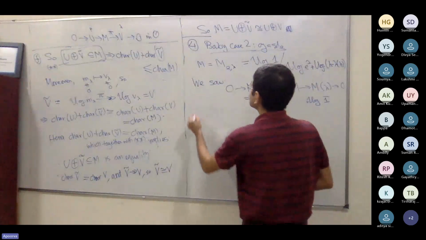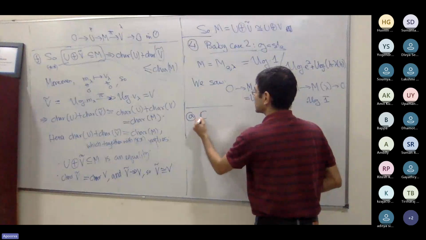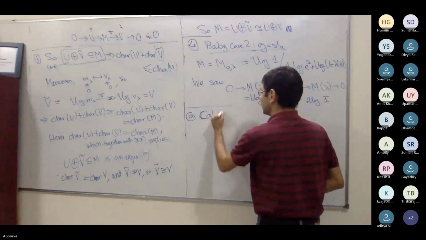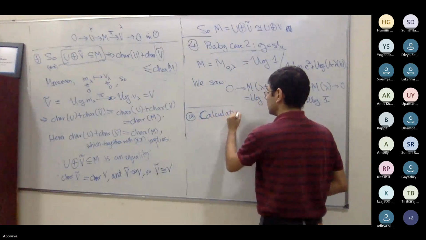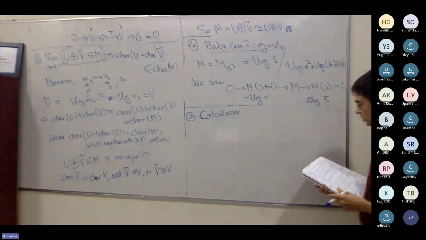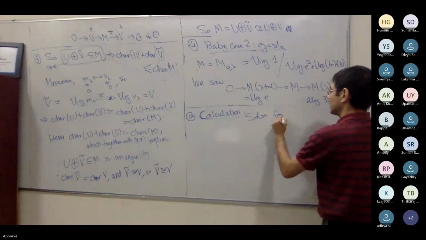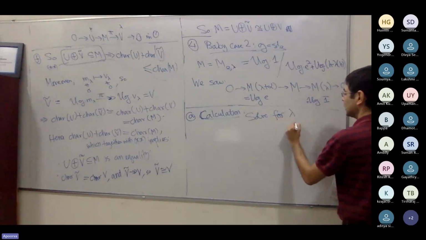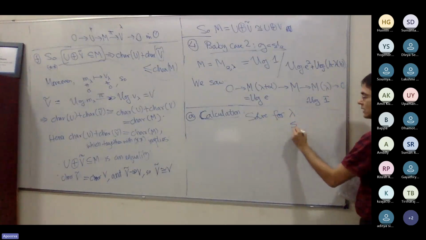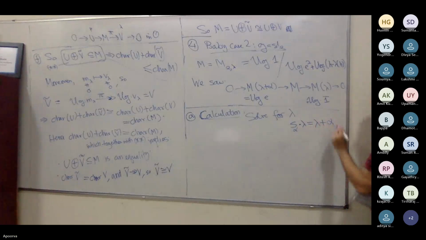So before we do this, a big question. Let's do a calculation in SL2. When is it? So solve for lambda the equation. There is only one simple reflection. I can call it S alpha. S alpha dot lambda equals lambda plus alpha.